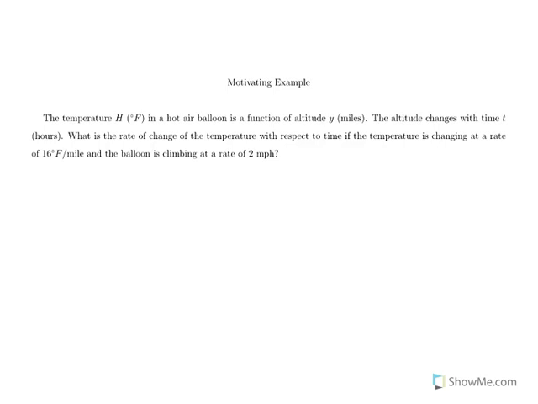So the question we're going to ask is, what is the rate of change of the temperature with respect to time? We know something about the rate of change of the temperature with respect to y, with respect to miles, but not with respect to time. So we are given that the temperature is changing at a rate of 16 degrees Fahrenheit per mile.